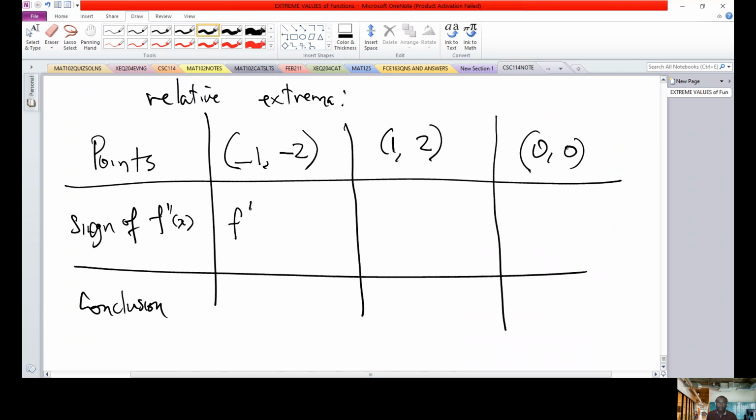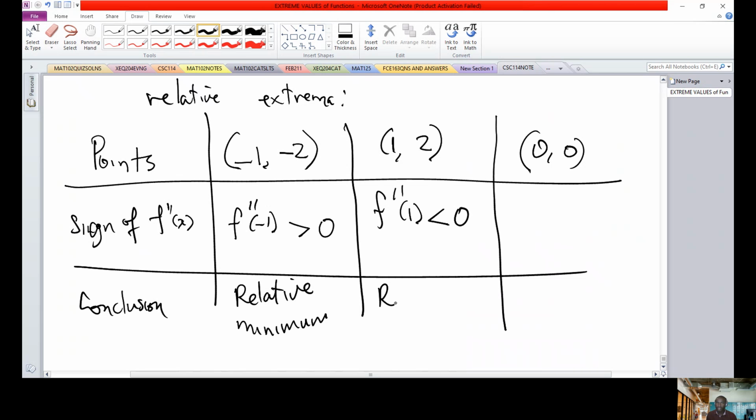So the sign of the second derivative at negative 1 is positive. So this means relative minimum. And then the second derivative at 1 is less than 0, so it means relative maximum.